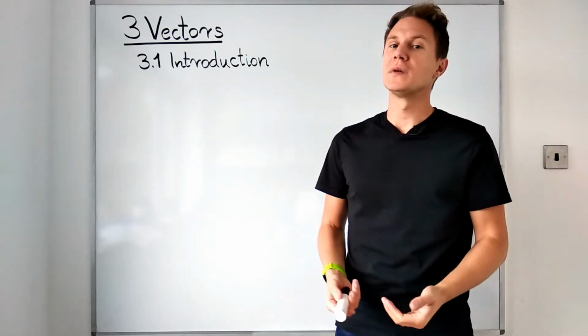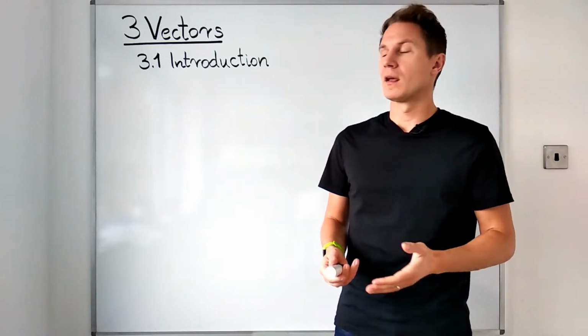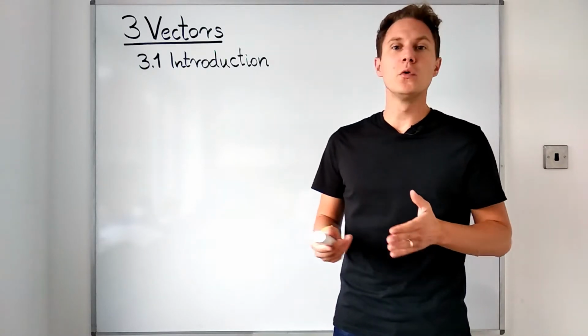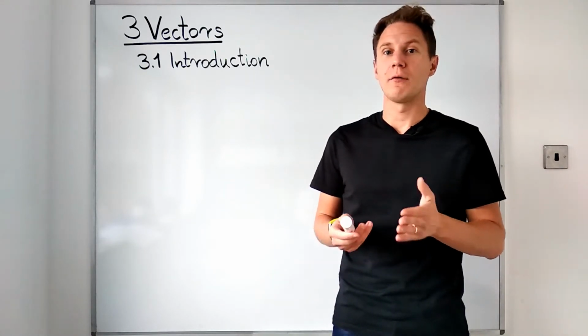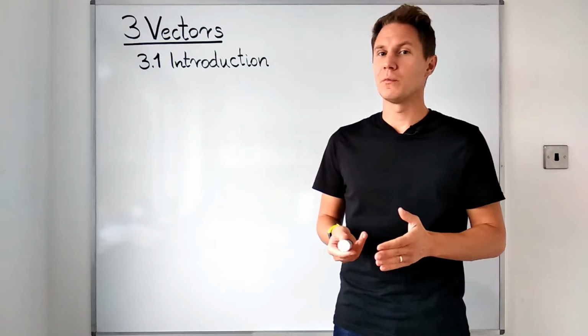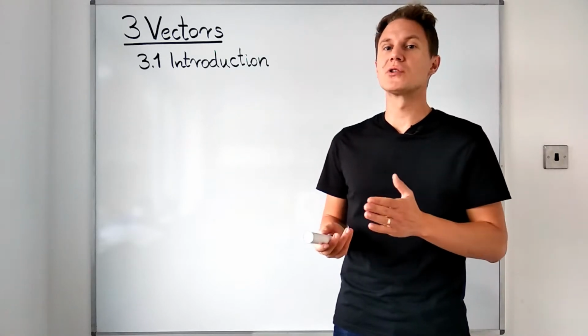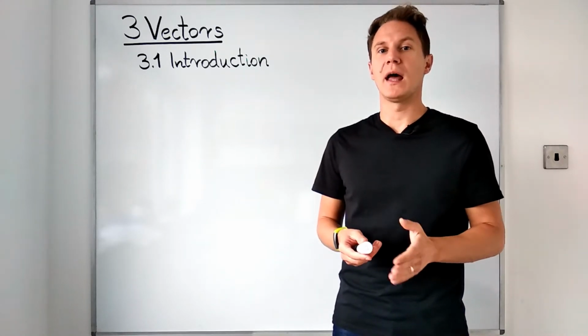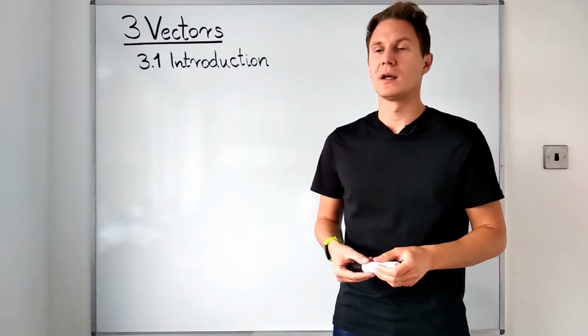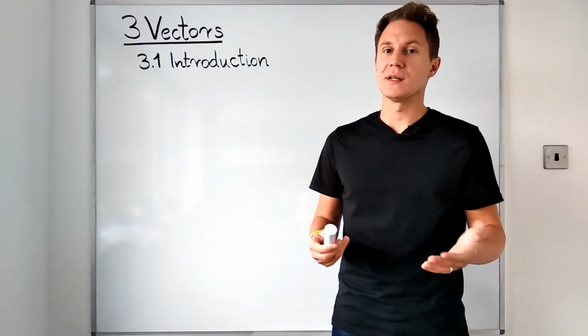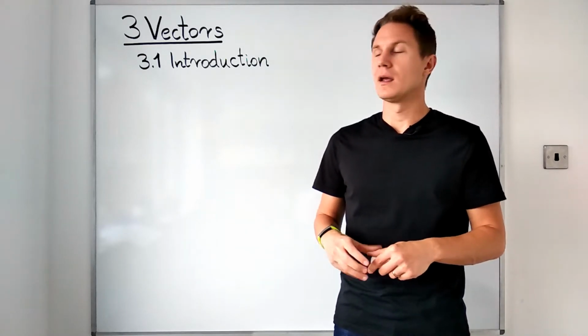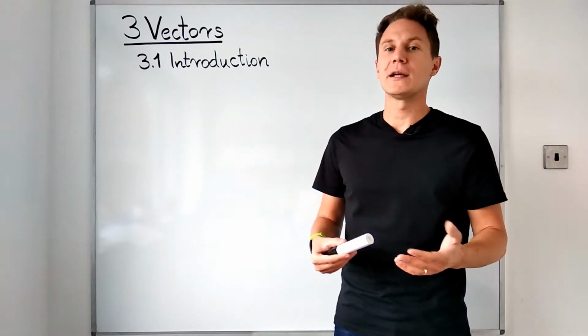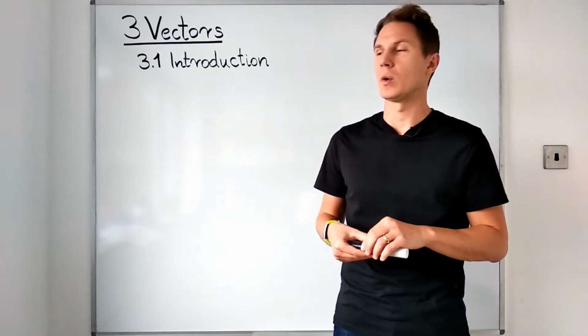For example, in physics, you have seen that objects that are moving have a velocity, which tells you in which direction the object is moving and at what speed. But force is another example of a vector. Acceleration is also a vector quantity.